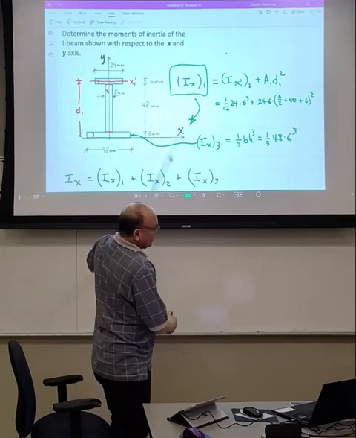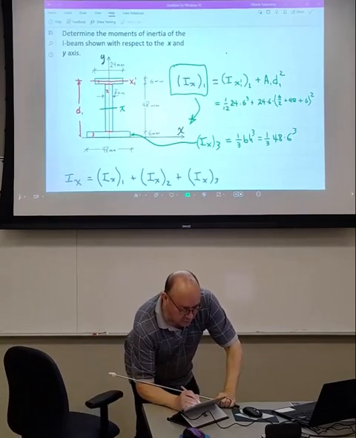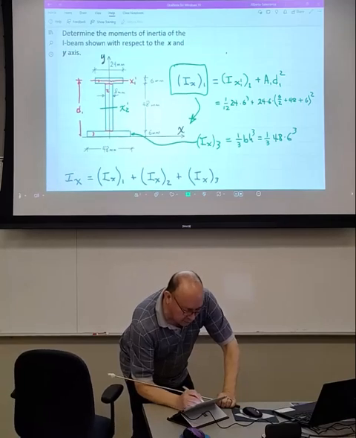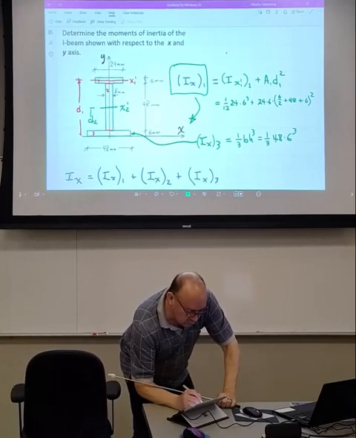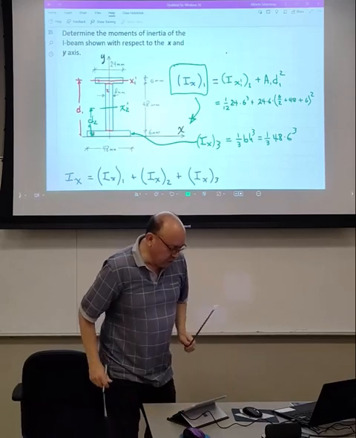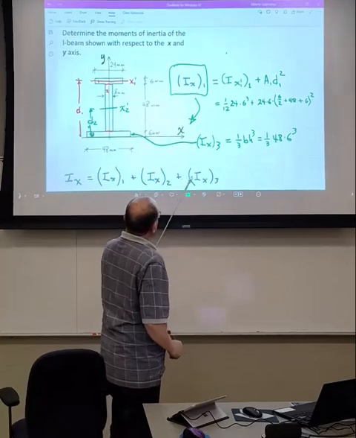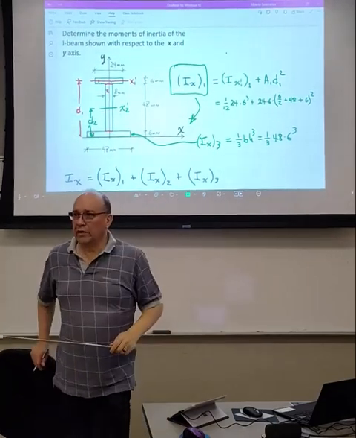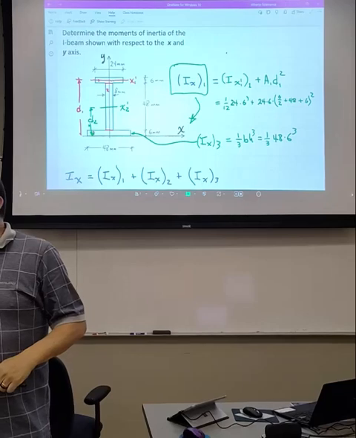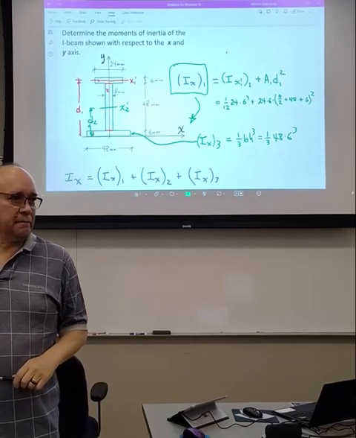So you take the centroidal axis here. I will call this axis x2 prime, and this distance d2, in order to calculate the inertia of this one using the parallel axis theorem. Make sense?